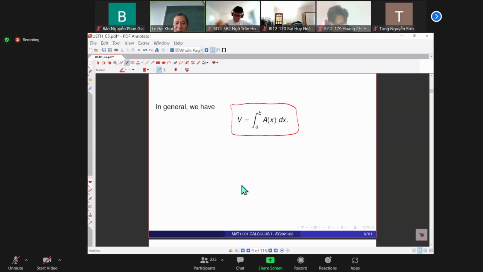And remember, A(x), the area of the cross-section, must be non-negative for all x from a to b. At the endpoint it might be 0. It can also happen at some point inside, if the cross-section is only one point. But the question is how to get this formula.